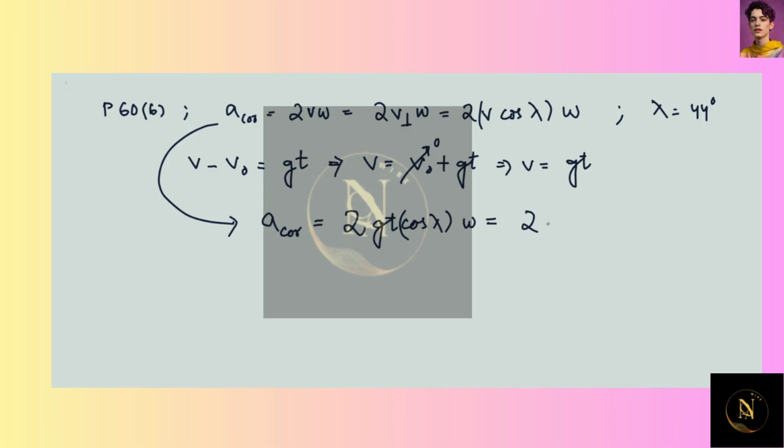Let me write it in a nicer way. Now this is not a constant acceleration because time is changing, and therefore to find the deflection due to this acceleration, we must integrate twice to get the distance.